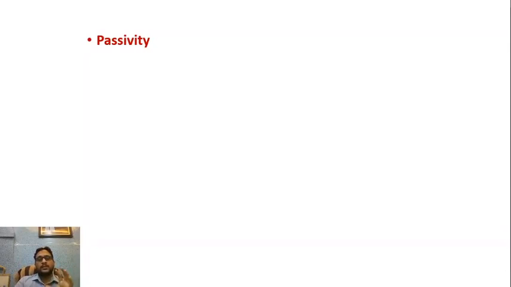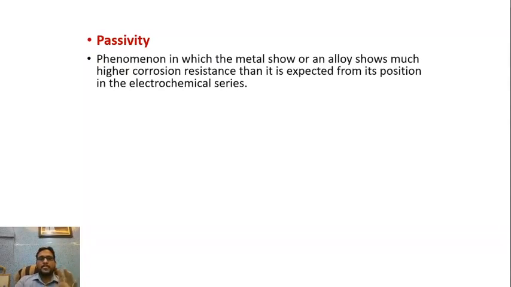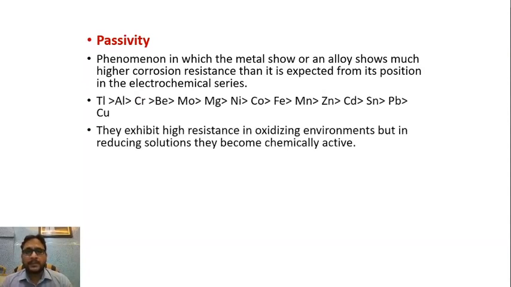Now there is a very important phenomenon which is known as passivity. Passivity is defined as the phenomenon by which a metal shows much higher corrosion resistance than is expected from its position in the electrochemical series.